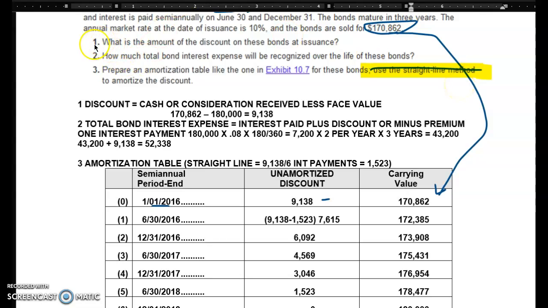So let's make sure we've answered everything before we get to number 3. What is the amount of discount? 1,380. How much total bond interest expense will be recognized over the life of the bond? I did not do that one yet. Let's do that.